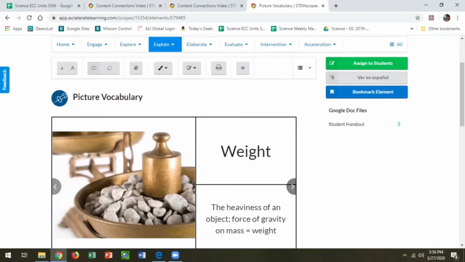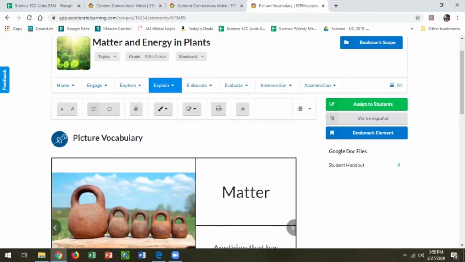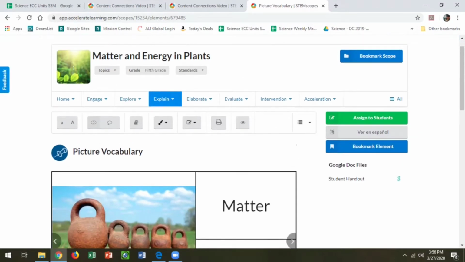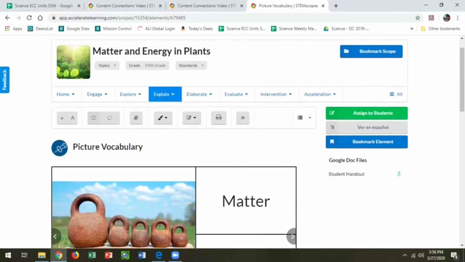The weight is how heavy something is. Next word, matter. Now, everyone should know what the definition of matter is because we've gone over it a bajillion times. Matter is anything that has mass and takes up space. Anything that has mass and takes up space.